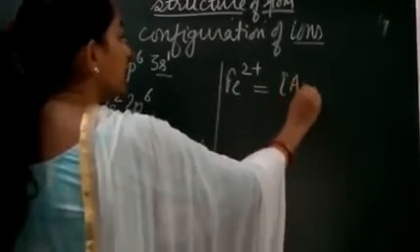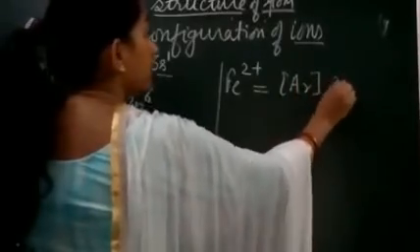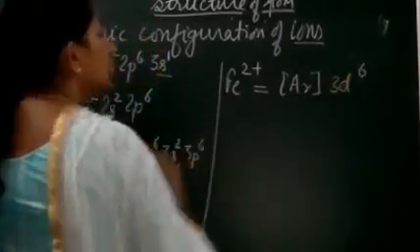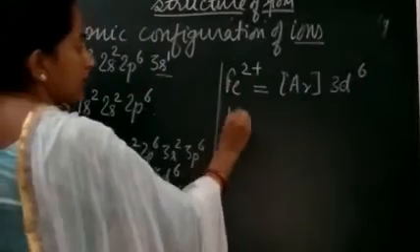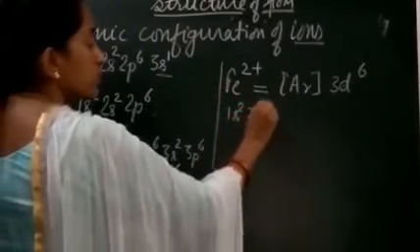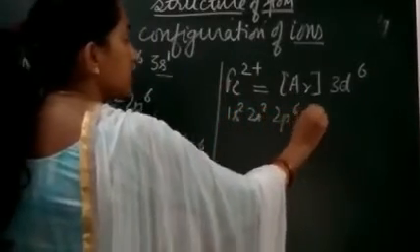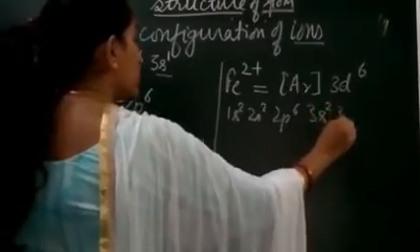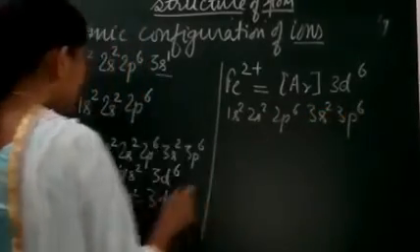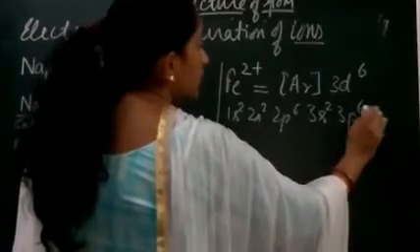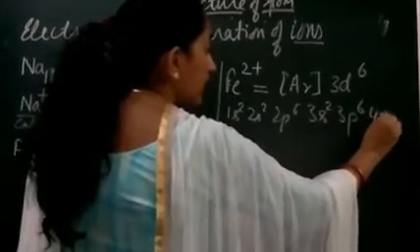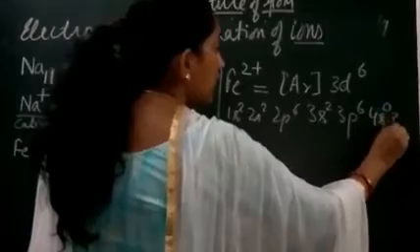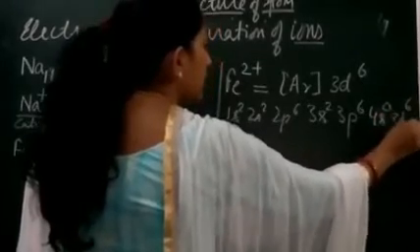It will be argon 3d6, or you can write it as 1s2, 2s2, 2p6, 3s2, 3p6. Since the electrons will be removed from 4s2, you will have 4s0. If you want, you can write it or skip it, and we will write 3d6.